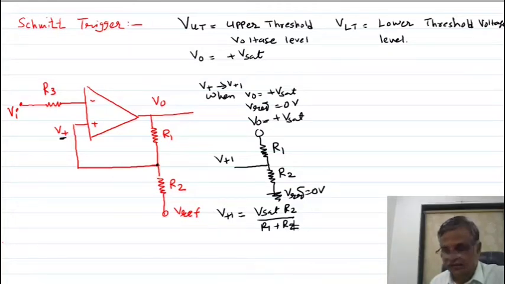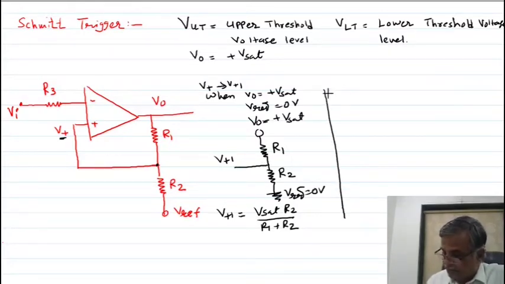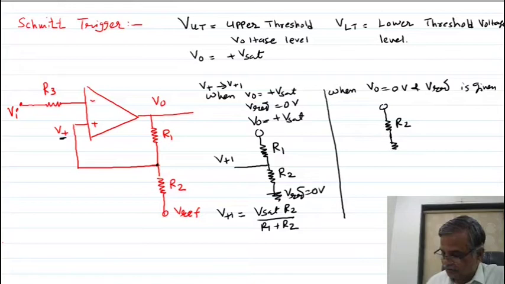I think it is very clear to you; you can write it by the voltage divider equation. Now when VO is 0 and the V reference is applied, the output section can be drawn like this: this is R2, this is your R1.